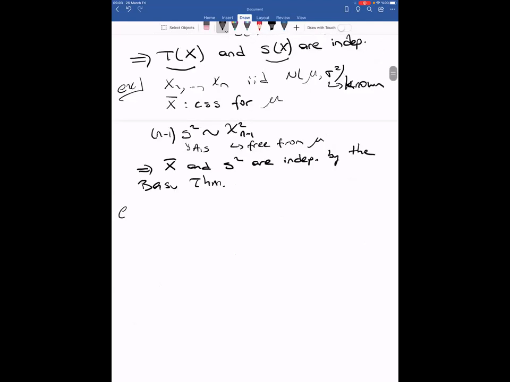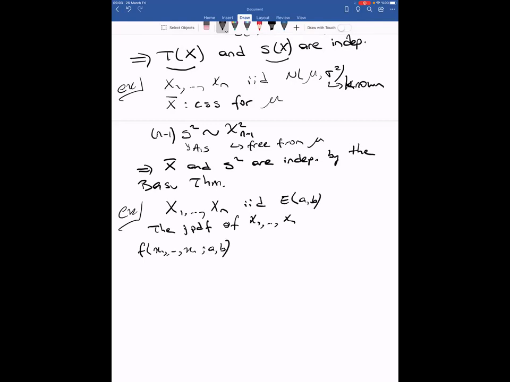Let's consider this example also. Let's say we have a two-parameter exponential distribution, exponential(a, b). So let's consider the joint PDF of this random sample X1 to Xn, where a and b are unknown parameters.